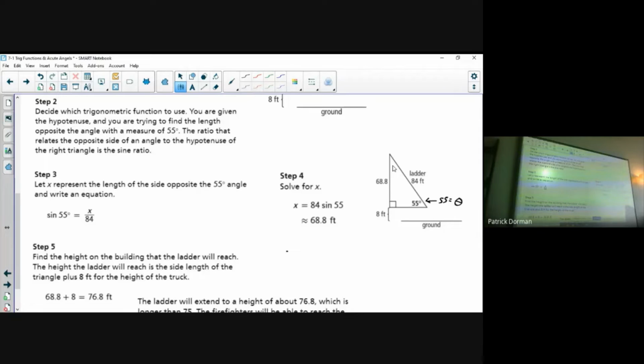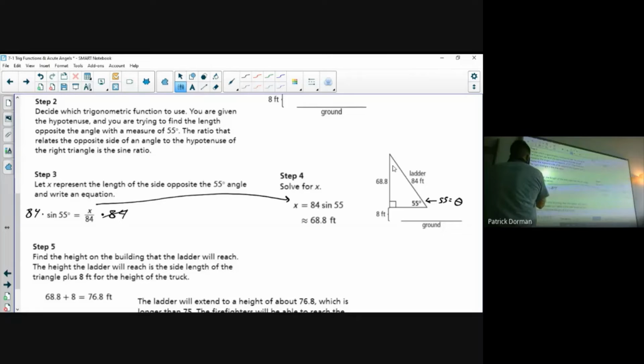It's probably been maybe a minute, or maybe you never have solved for x in this case, right? Okay. So they're saying solve for x. Well, what we're doing here to get from here to here is multiplying both sides by 84, right?